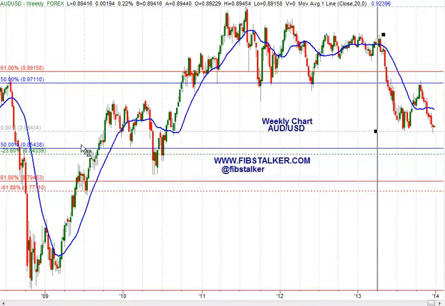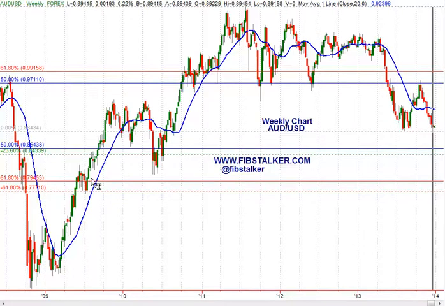This short has a target just below that, 100 pips below 85.43. So I would consider 85.43 the target for this market. It's a well-formed setup, and it's continuing lower, printing new lows, and we are probably going to see this 85.43.